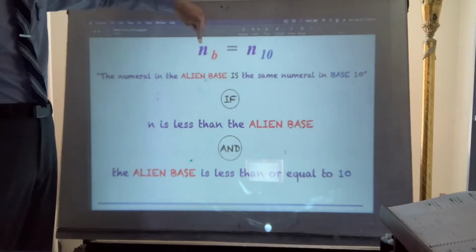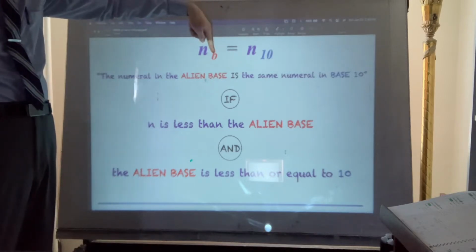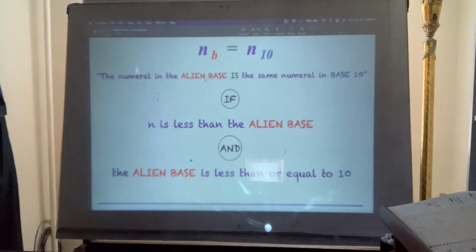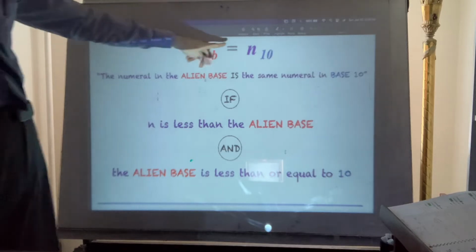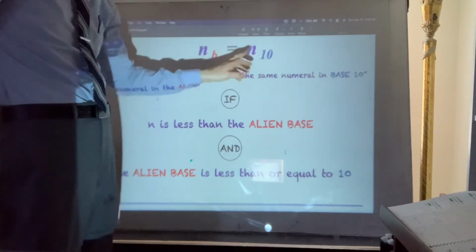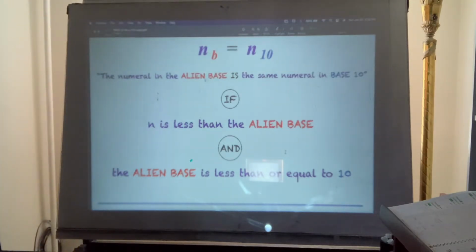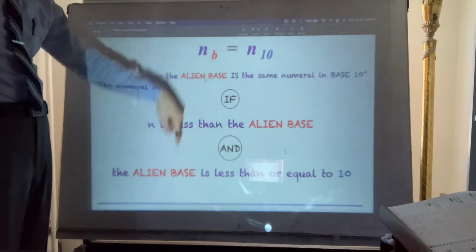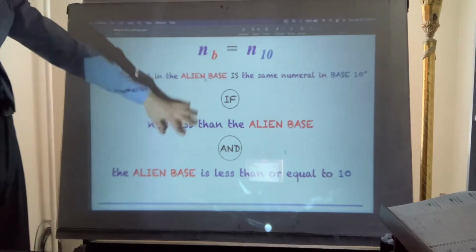Suppose you have a number in a certain base, right? And you think it might be the same exact number in what would be the ordinary Hindu-Arabic base 10 system, the decimal system, right? You could say for sure that this equals this if the conditions are met.